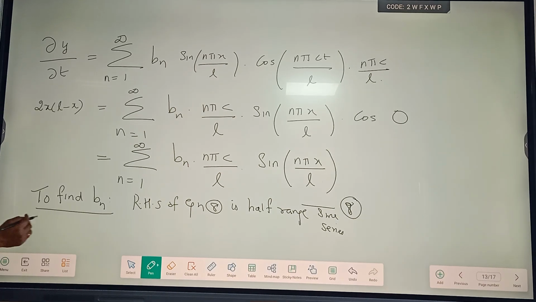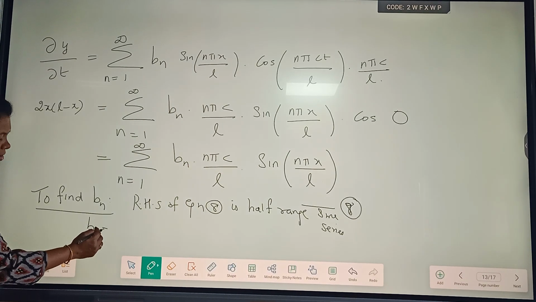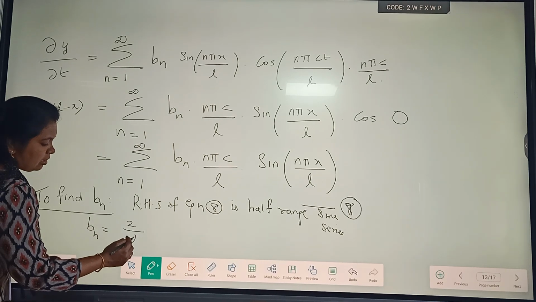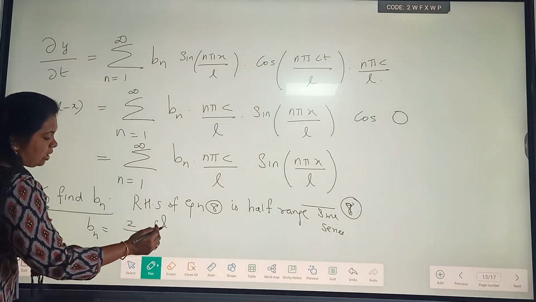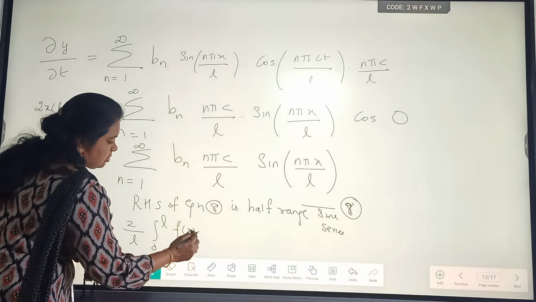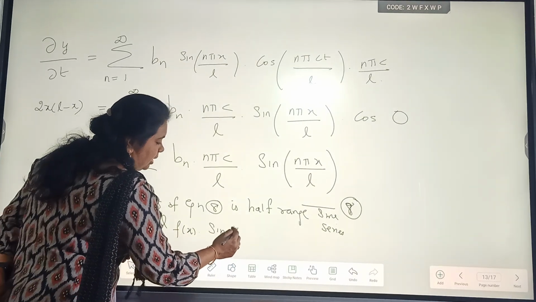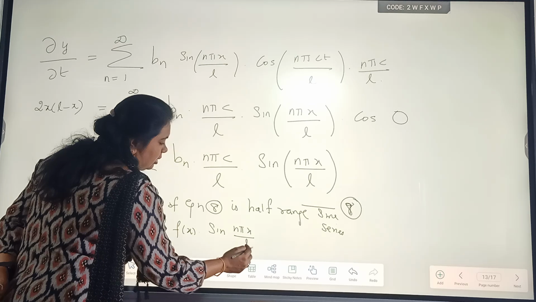So first of all, write down the formula. Bn is 2 by L integral 0 to L f of x sine n pi x by L dx.